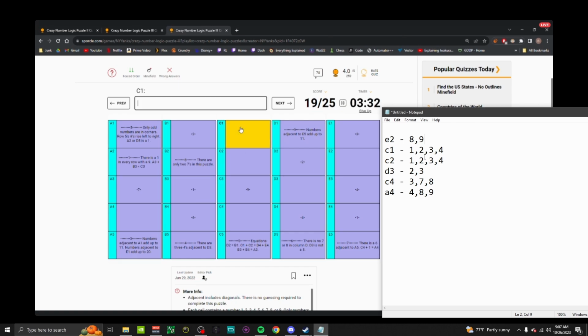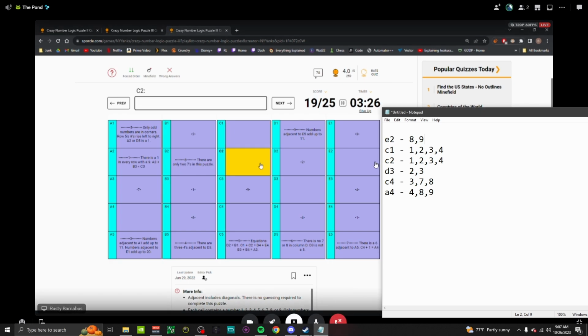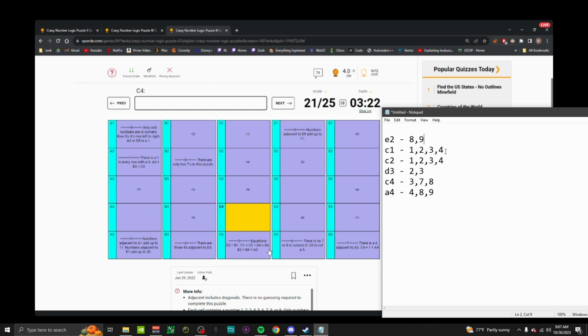If you put a 3 here, you can't put a 2 here. If you put a 2 here, you can't put a 2 there anyways. So it has to be 1 and 4, and 1 is already in this row as well. Okay, true. So that's 4. Yeah, and that's 1. Okay, so that's C1 and C2 done. Also, this is 9. This is 2, which means this is 9, because we did that earlier. True. This has to add up to 20. Yep, you're right.